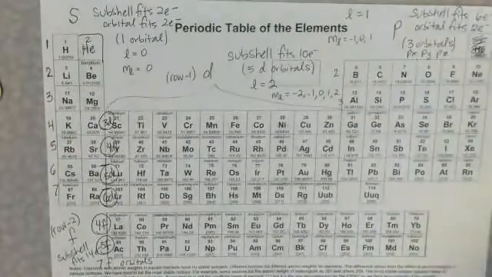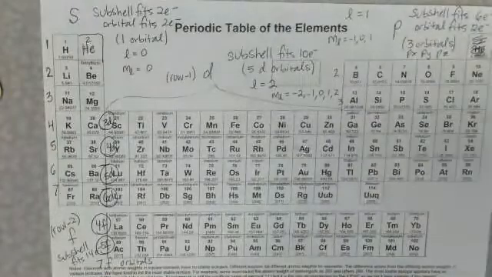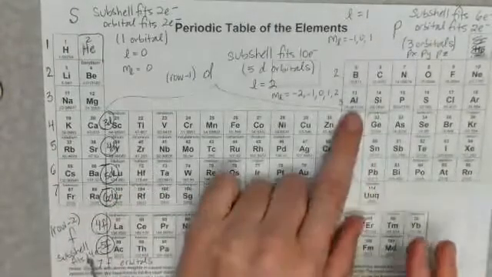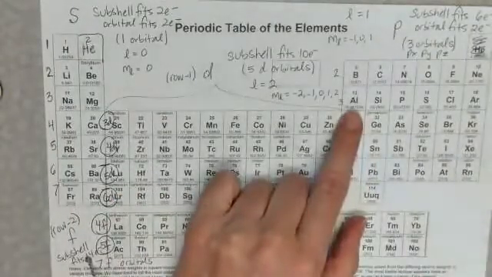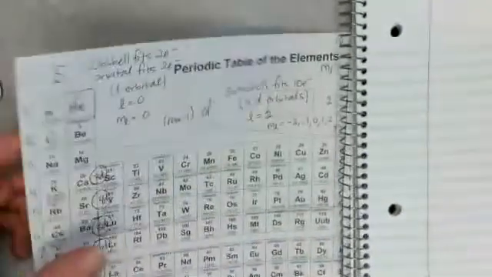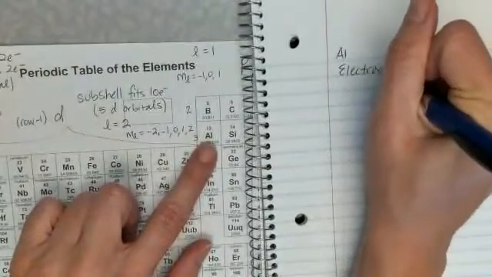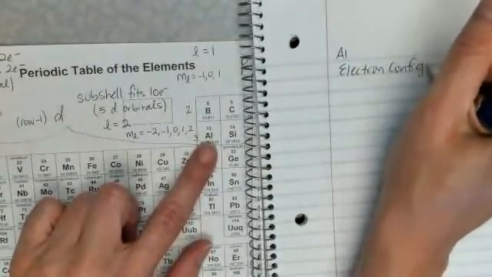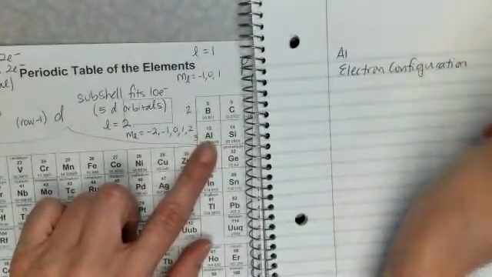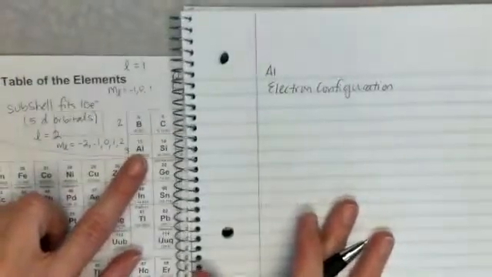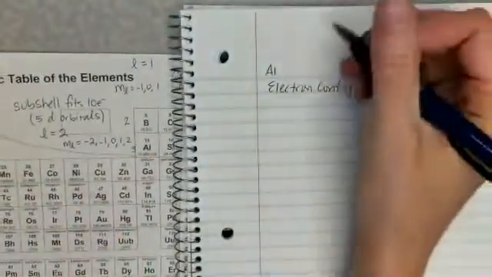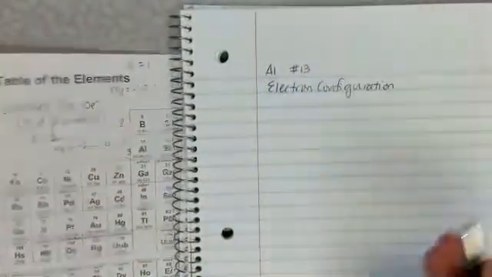So if we wanted to pick an element, I'm going to start with something kind of small and simple. I'm going to do aluminum. With aluminum, we have 13 electrons that we have to worry about. So starting with aluminum, let's do the electron configuration. Electron configuration, again, I think of it as assigning an address for all of the electrons. So aluminum, number 13, we've got 13 electrons to say this is where they live.